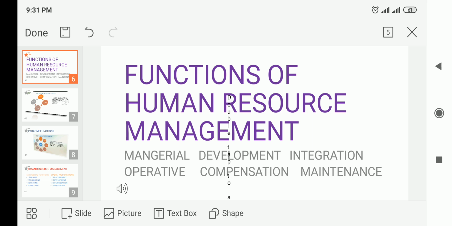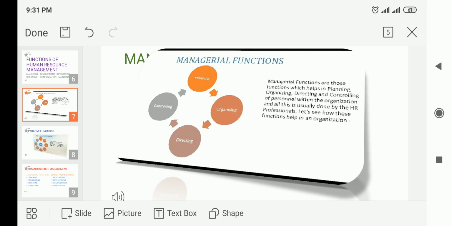Question number 2. Explain the main functions of HRM. Question number 3. Explain the managerial function of HRM.